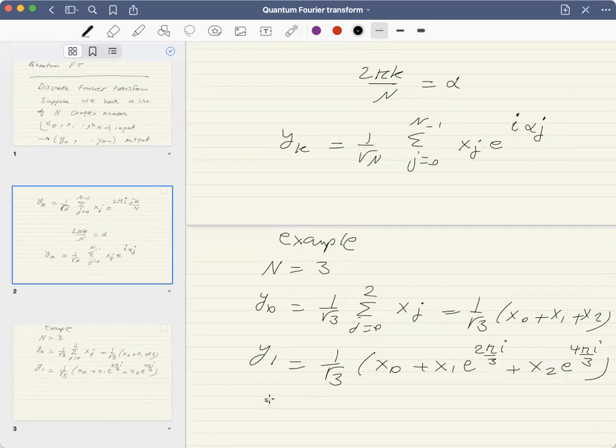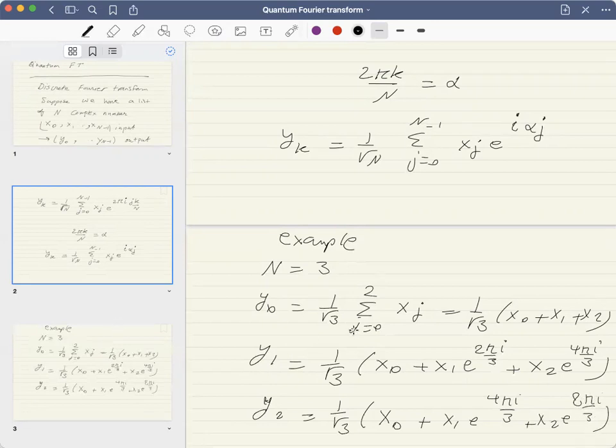And finally, y2 will be, so now for k equal to 2, alpha becomes 4 pi over 3. So it's going to be x1 e to the 4 pi i over 3 plus x2 e to the 8 pi i over 3.